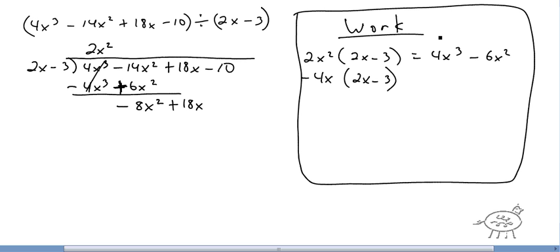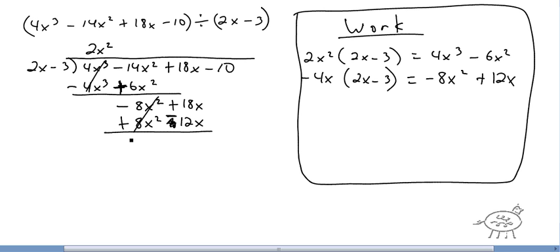Okay, to have all your work in there for each problem. So I get negative 8x squared plus 12x. Change the sign. That cancels.